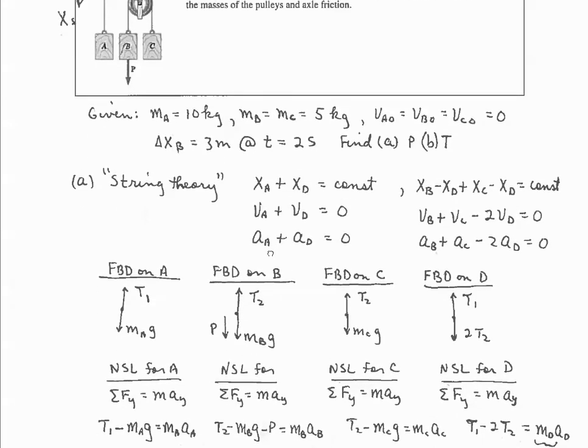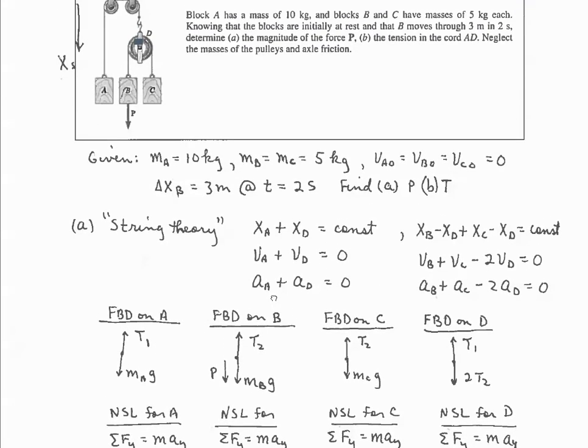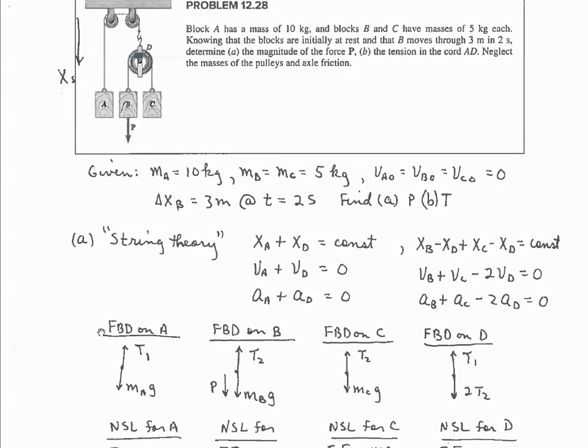Now, if we do free body diagrams on each one, I'll try to scroll this so that you can see the figure and the free body diagrams. Look at object A. There's a force of gravity, that's MAG, and there's a tension T1 up in the line. Look at the free body diagram on B. There's the MBG to represent gravity, there's P, and there's a T2 in this other line.